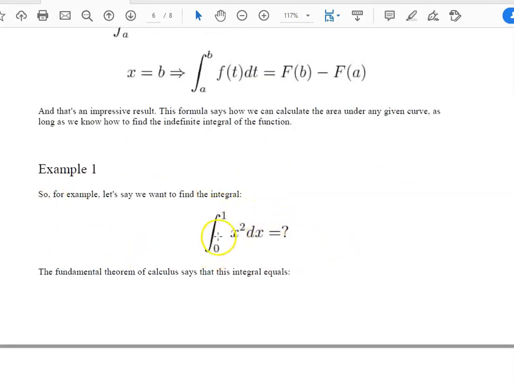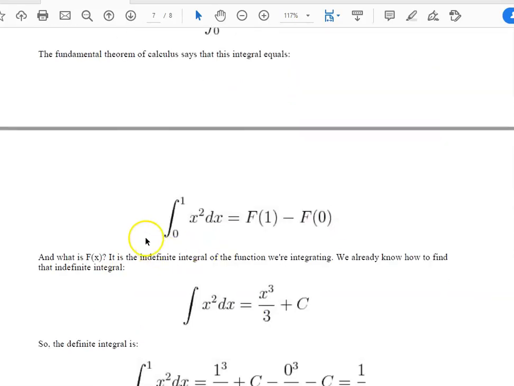So that's what we did with this x squared from 0 to 1. The integral of x squared dx, and we can do this capital F of 1 minus capital F of 0. Well, the capital F is the antiderivative of x squared, which is x cubed over 3 plus some constant c.